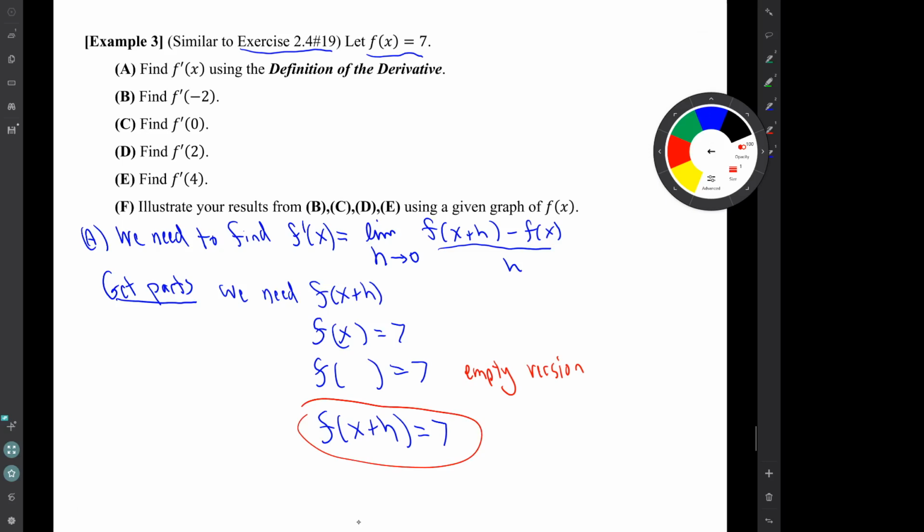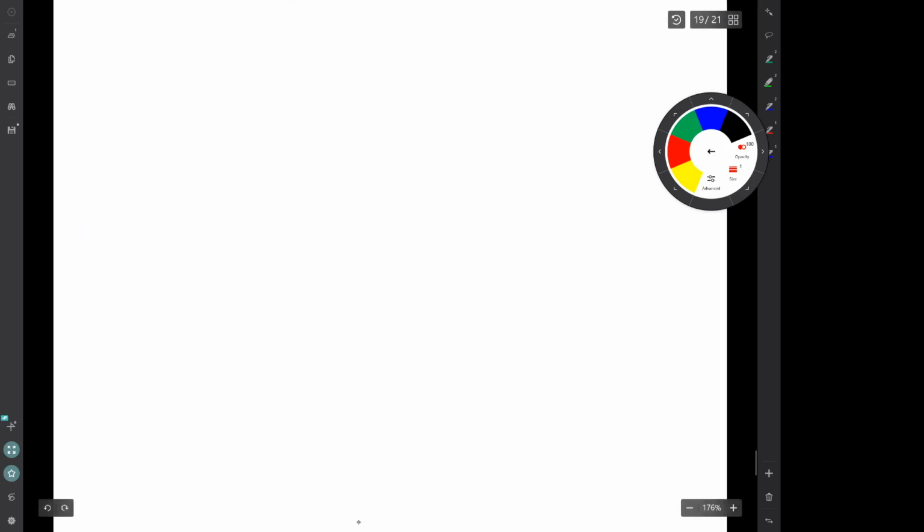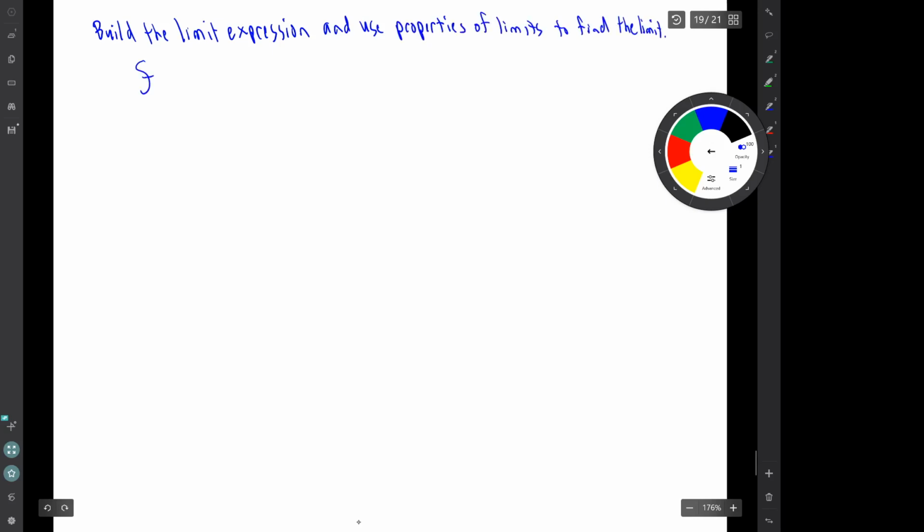So now we're going to put the parts together into this expression and use the properties of limits to find that limit. So there's our limit expression. Now we need to build this expression.